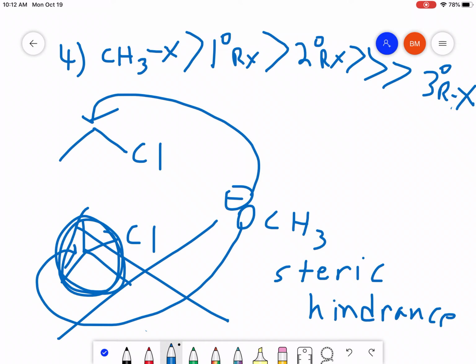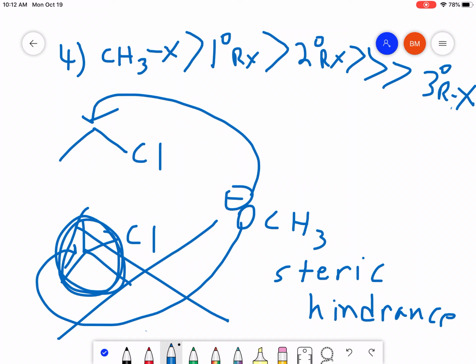It can't fit. It's too crowded. Whereas in something like this, which is a primary alkyl halide, you have plenty of room to come in and attack that carbon. The more alkyl groups you get attached to the carbon that's being attacked, the harder and harder it is for that nucleophile to come in.